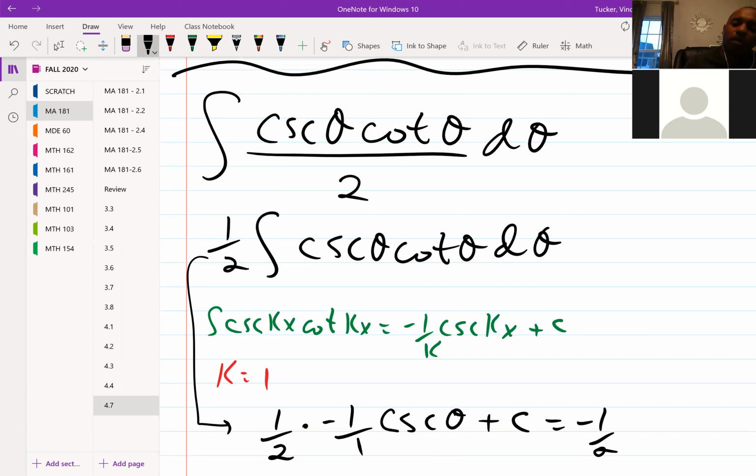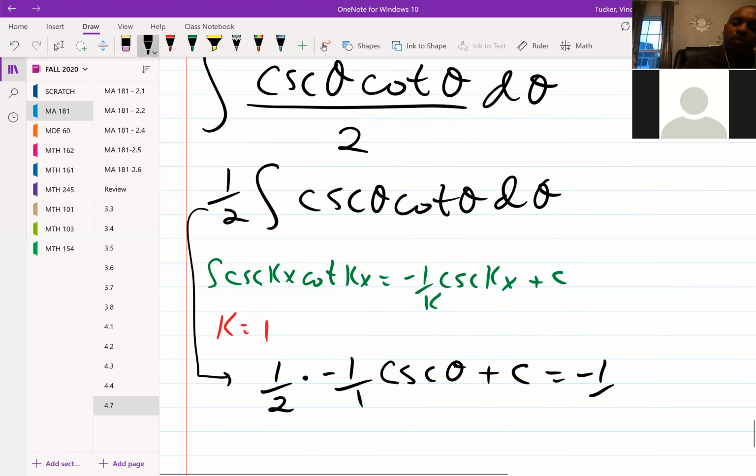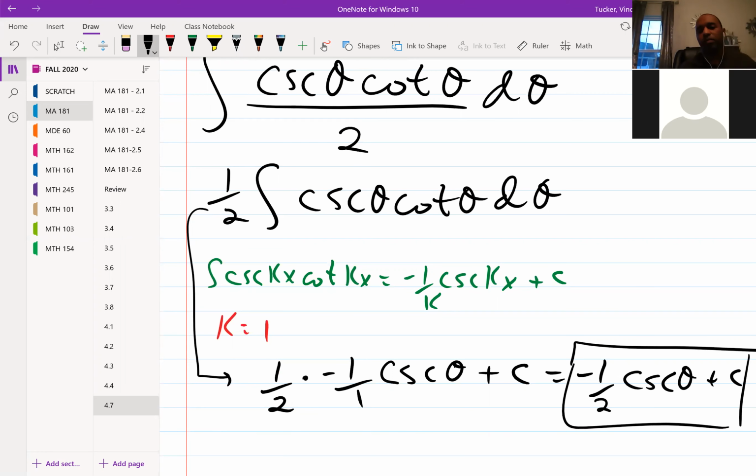So it's -1/2 cosecant theta plus c. So just following the formulas properly.